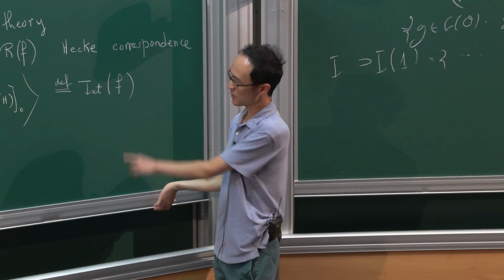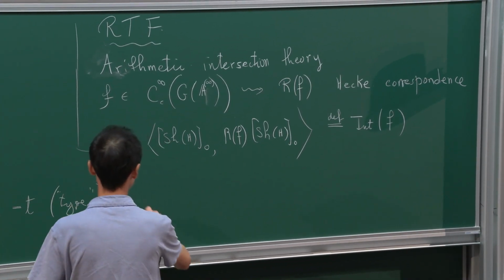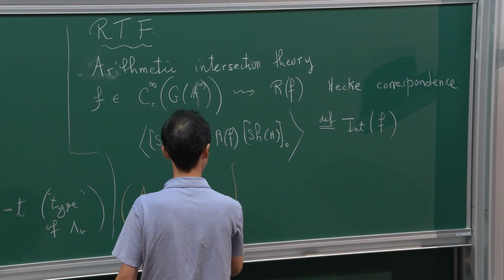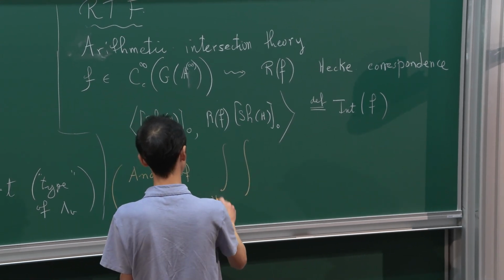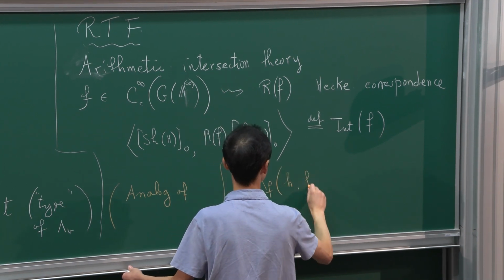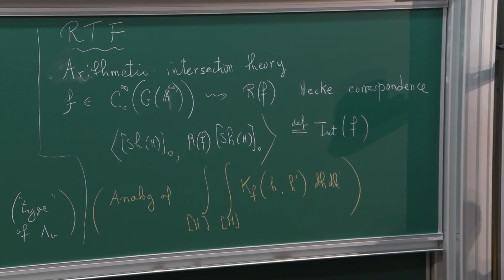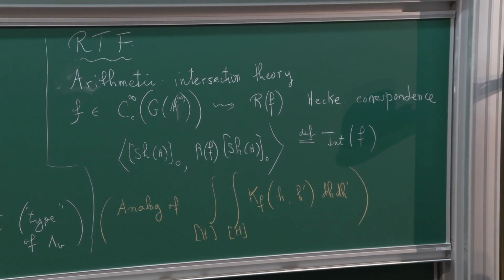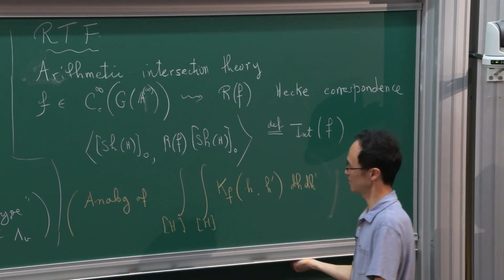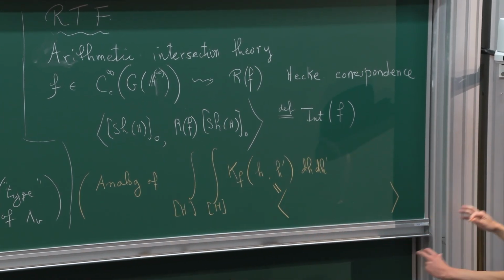This will be the analog of this quantity, the double integral over h bracket of the kernel function. In some nice situations, you can interpret this as a naive intersection. I'm writing this bracket to indicate some intersection.